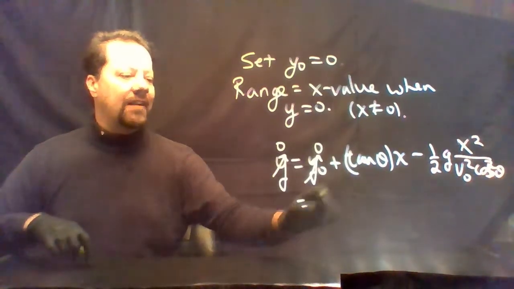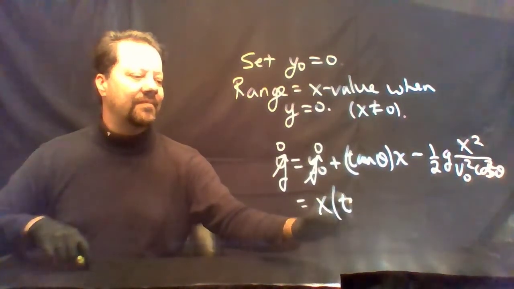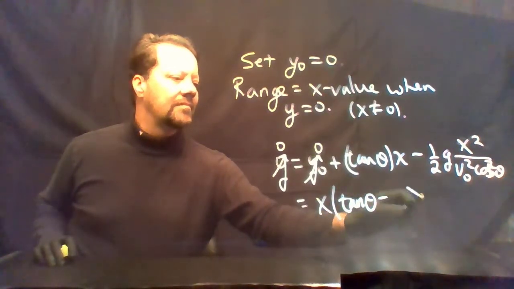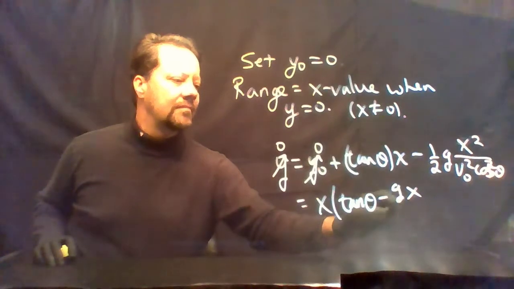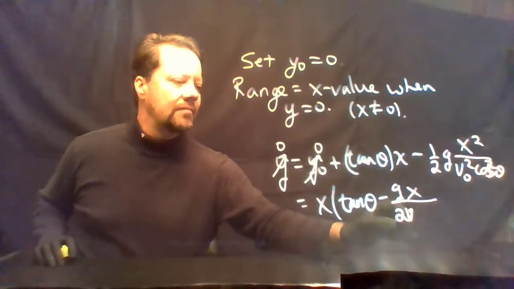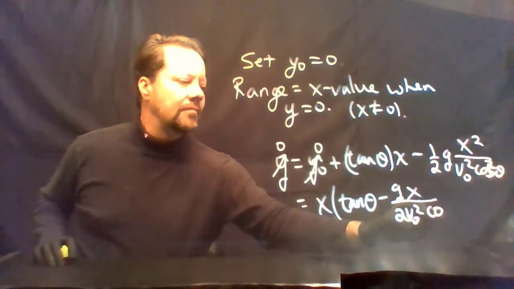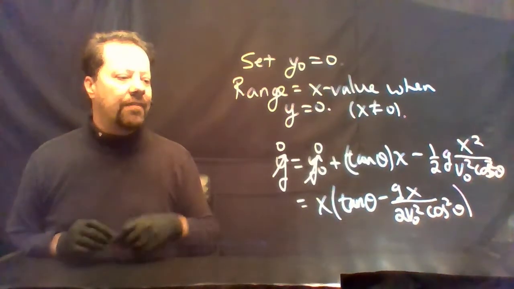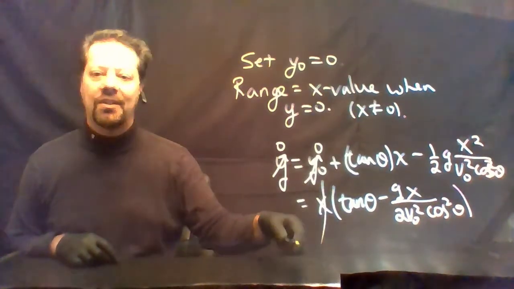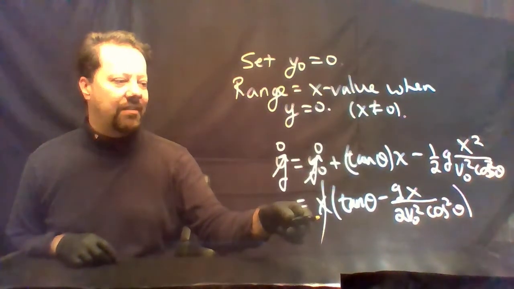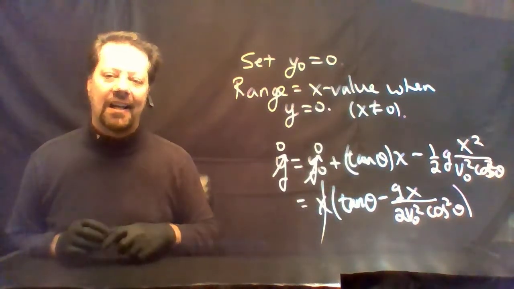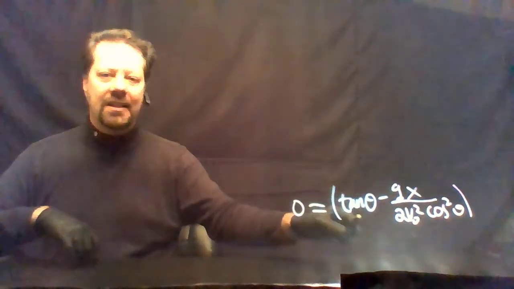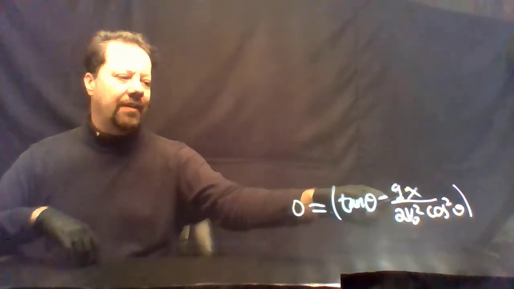You can see that we can factor an x out. And we can then solve for the range. Assuming that x is not 0, we can divide this factor of x off and then solve for x. We're setting this expression equal to 0 and solving for x.